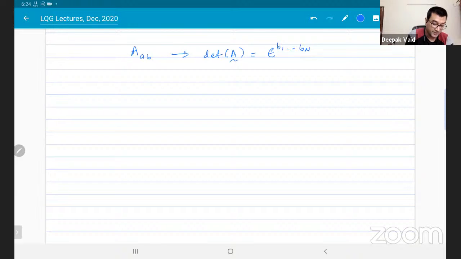B1 to Bn, and then A1 B1, A2 B2, and so on, up to An Bn, right? This is the expression for the determinant of any matrix. And then I can again write another copy of this.